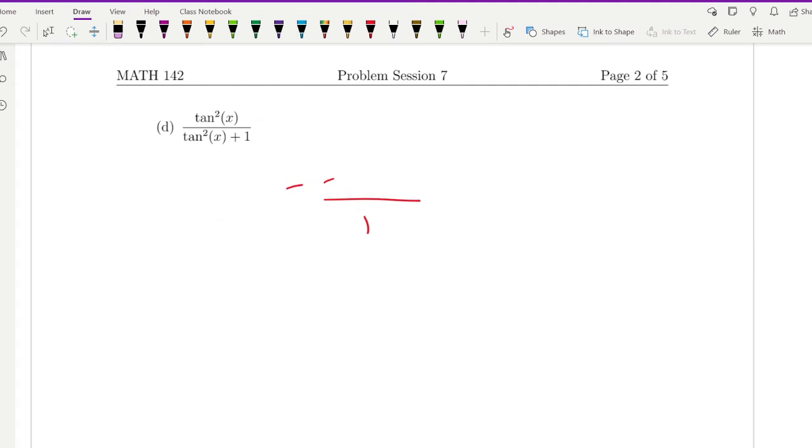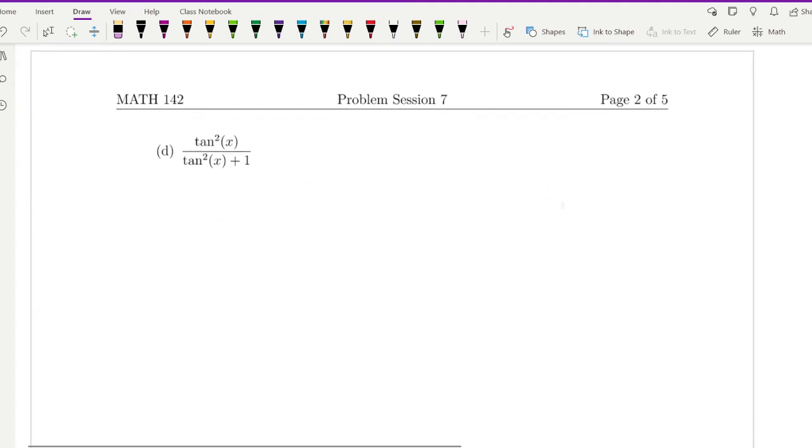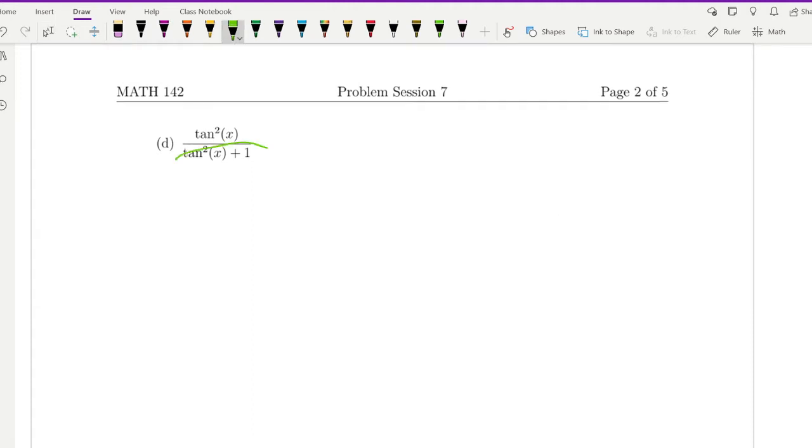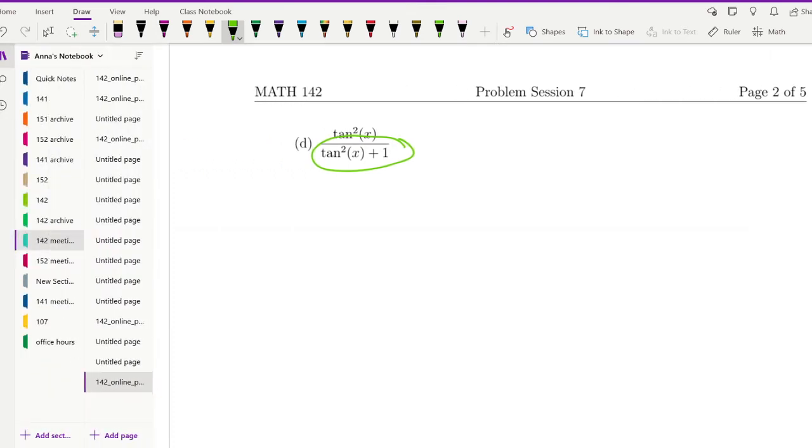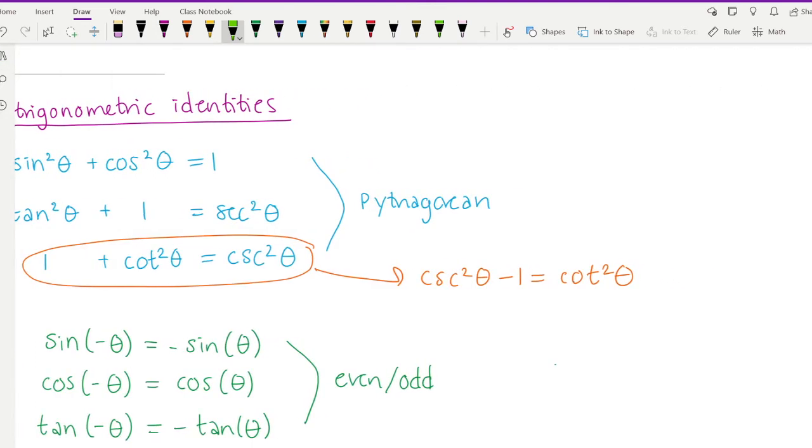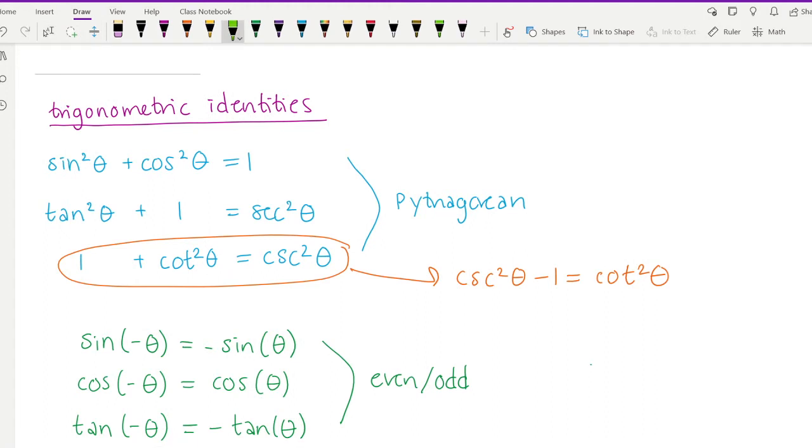Okay, so how else can we deal with this? Well, like the last one, the first thing that I would probably do here is look at this denominator and say, that looks like a Pythagorean identity. Let's go look at the different Pythagorean identities and see if we can make something fit with this. So tangent squared of theta plus 1, or tangent squared of x plus 1. And in this case, we actually have one that perfectly matches that, right?